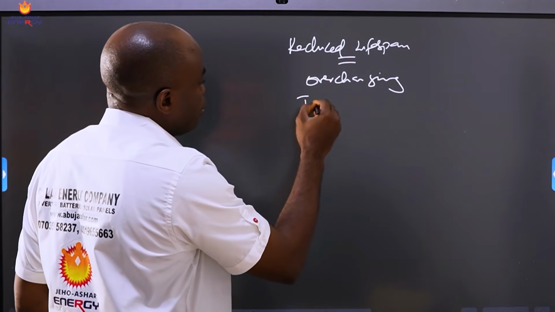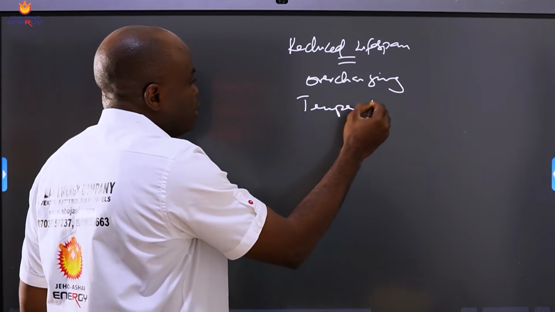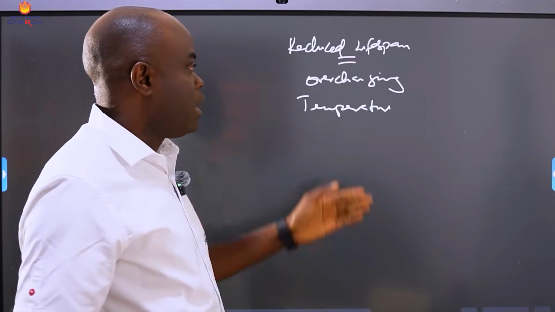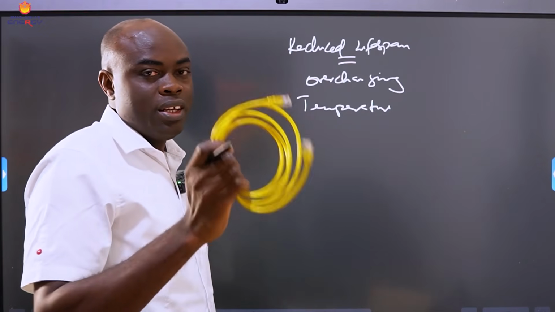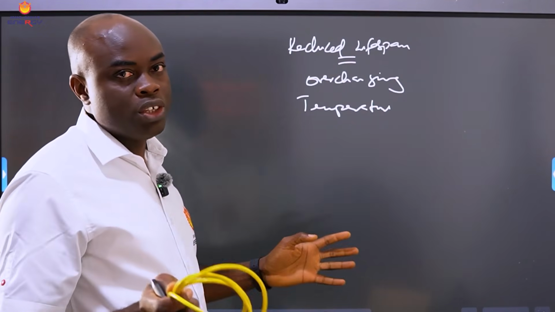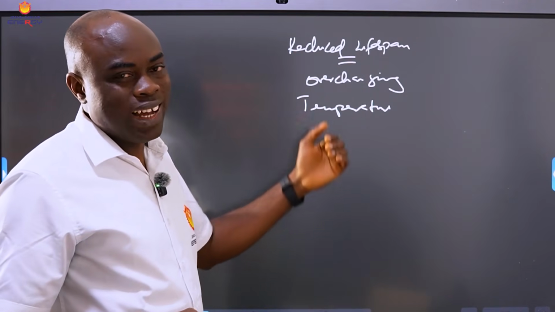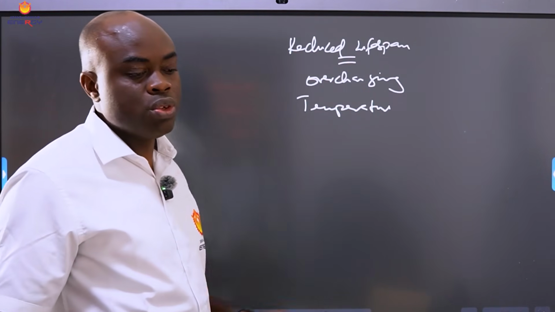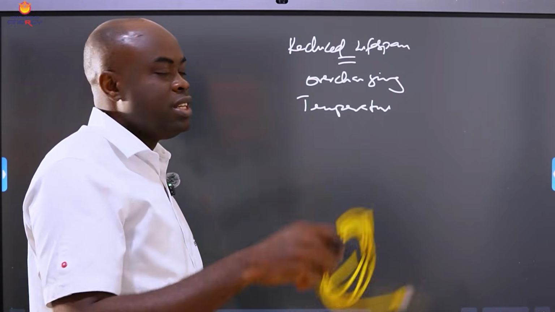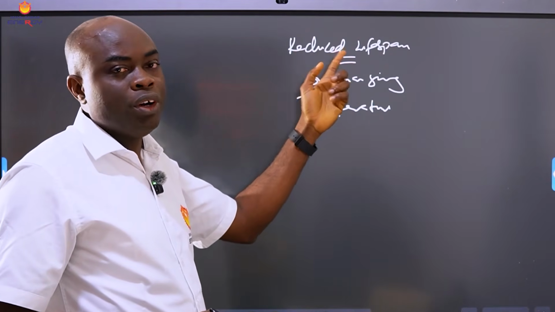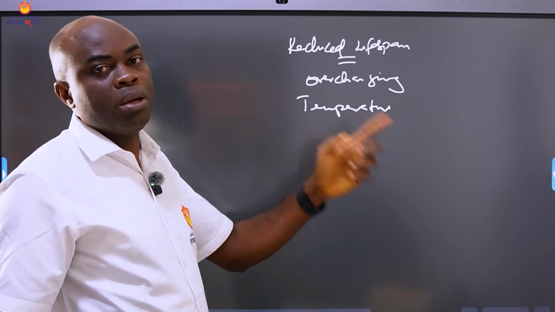Second is temperature. When your battery is in a hot temperature, or the temperature is high and it is being charged, when there is no communication cable, the inverter would not know that the battery is hot and stop sending charge into the battery. But this helps to send the battery temperature information to the inverter.